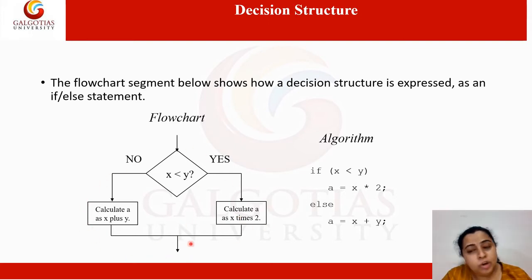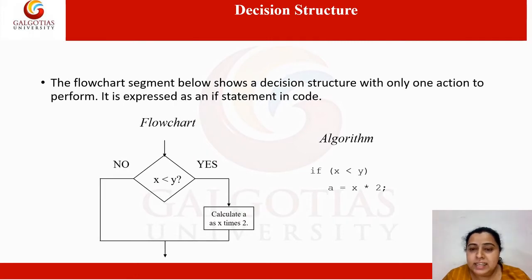Now let's say we do not have an else condition. There can be a possibility where we don't have an else condition. So let's take an example of that. Let's say we are saying if x is less than y, we calculate a as x into 2. Then what will happen if x is more than y or equal to y? Nothing will happen, because we are not doing anything special if that happens.